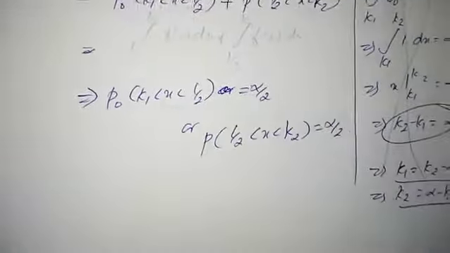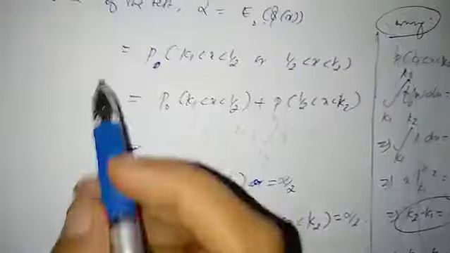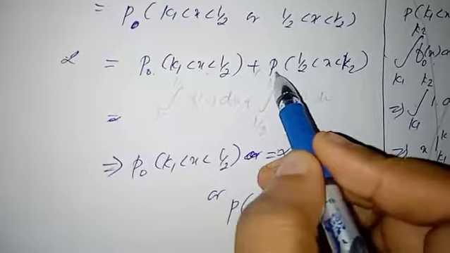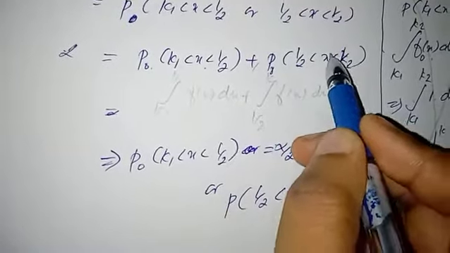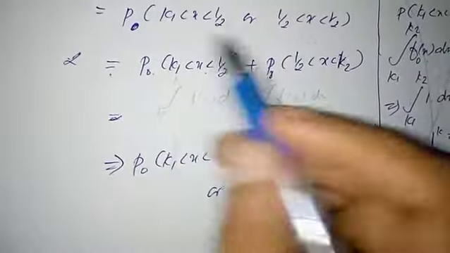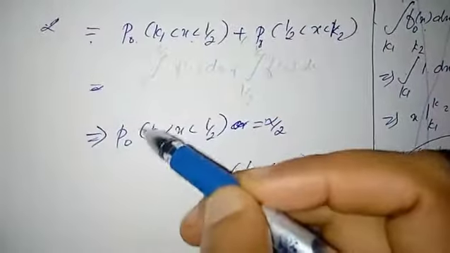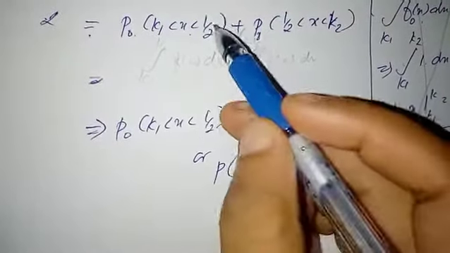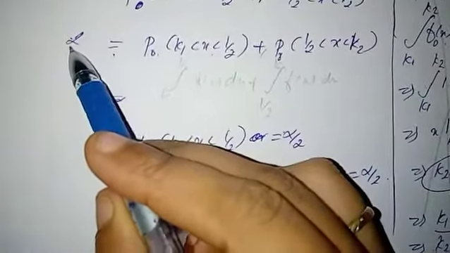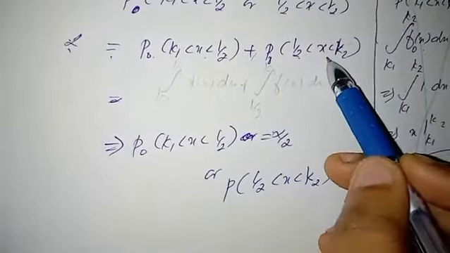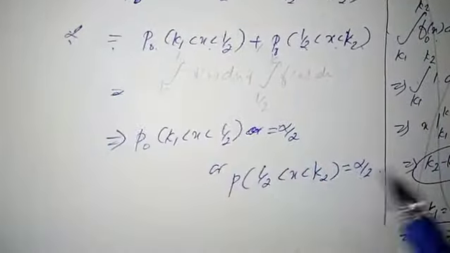Okay, so here we will take alpha equal to probability of k1 less than x less than 1 by 2 plus probability of 1 by 2 less than x less than k2 equal to alpha, right? Then we will take separately probability of k1 less than x less than 1 by 2 equal to alpha by 2, or probability of 1 by 2 less than x less than k2 equal to alpha by 2.